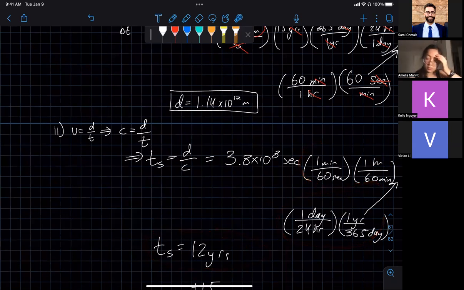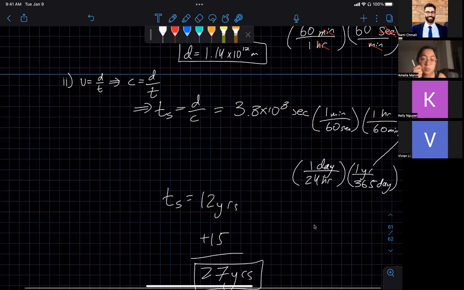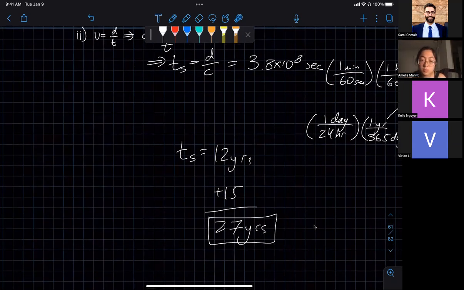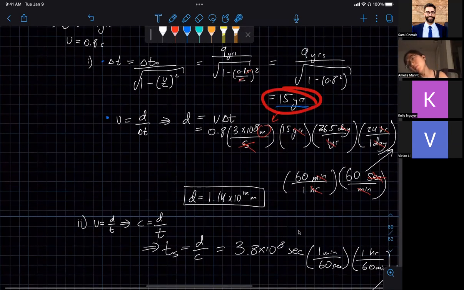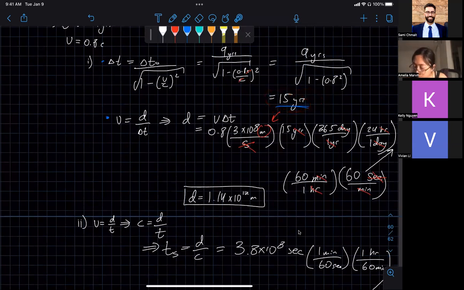That 12 years, though, is not enough. You need to add it to the 15 years, the delta t that we solved for up here. This is how long it takes for the cat to die as viewed by the observer on Earth, with the time dilation.